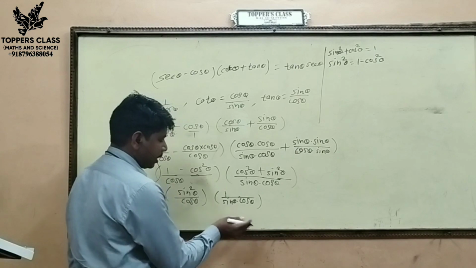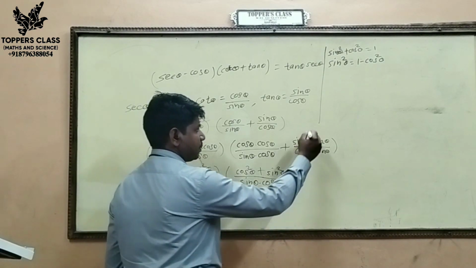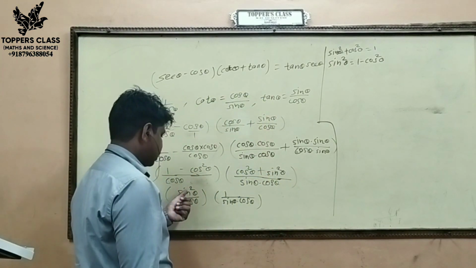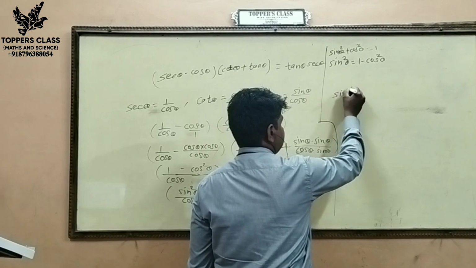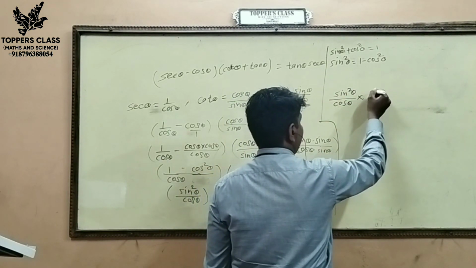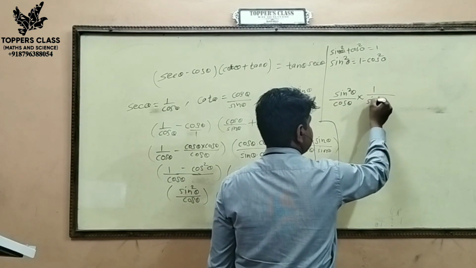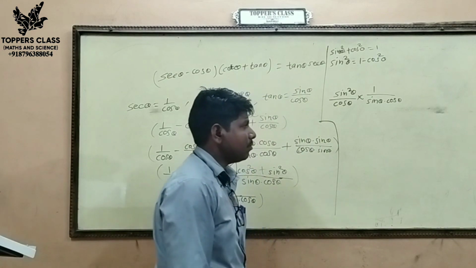Now we will take them out of the brackets for the multiplication. So now here sin square theta upon cos theta multiplied by 1 upon sin theta into cos theta.